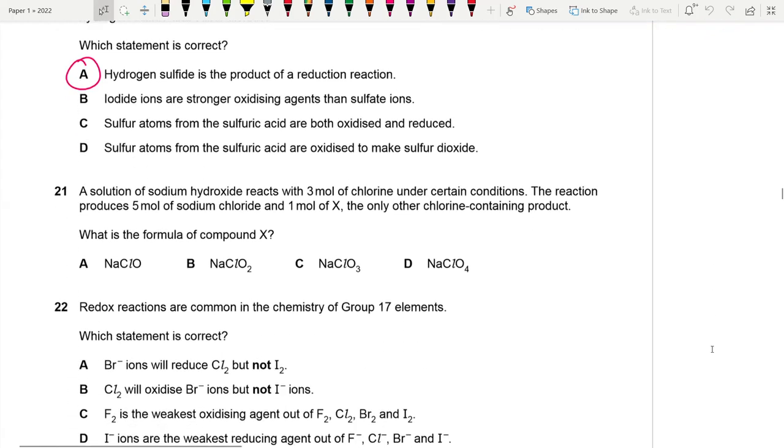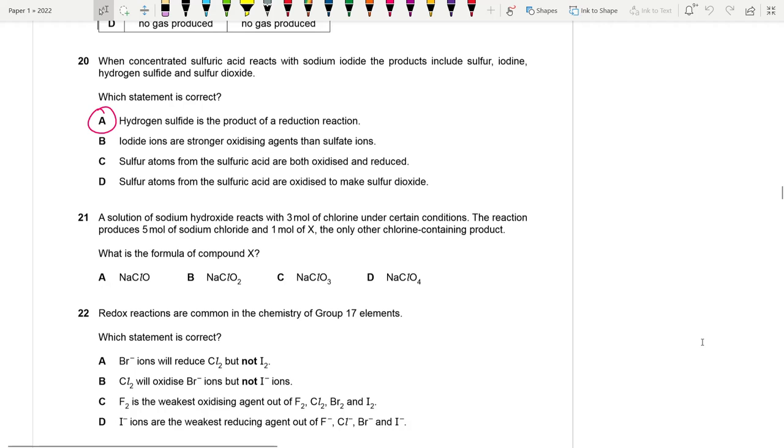21. A solution of sodium hydroxide reacts with 3 moles of chlorine under certain conditions. The reaction produces 5 moles of sodium chloride and 1 mole of X and only one other chlorine containing product. This is an important question because you need to have this memorized.